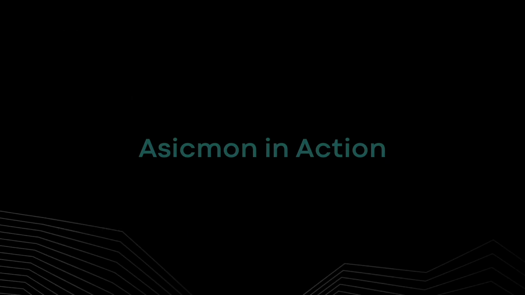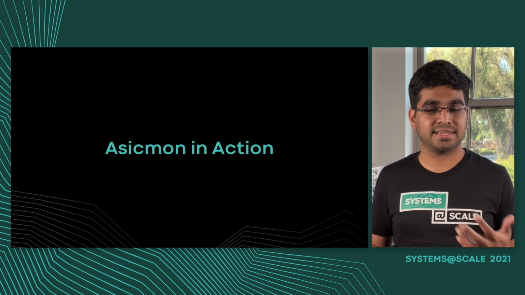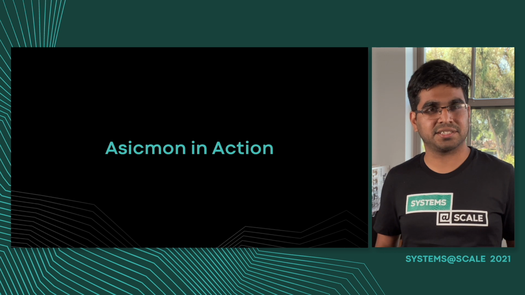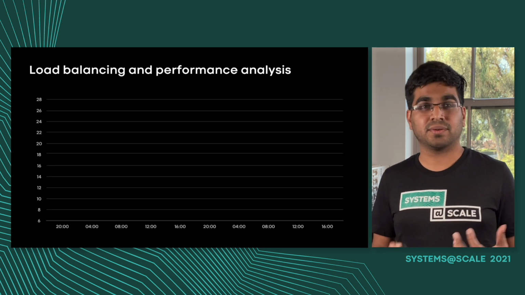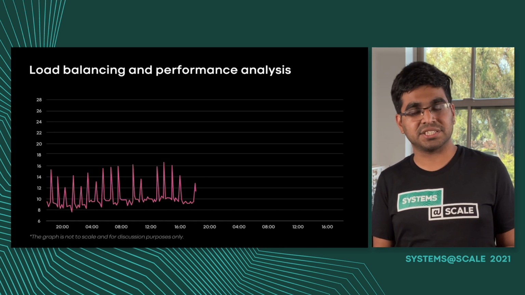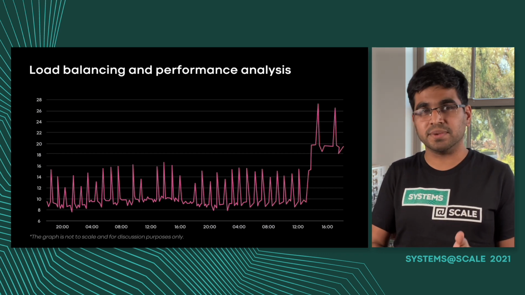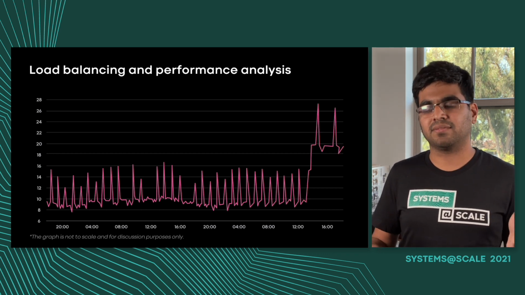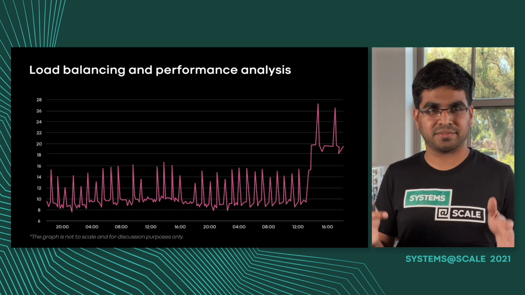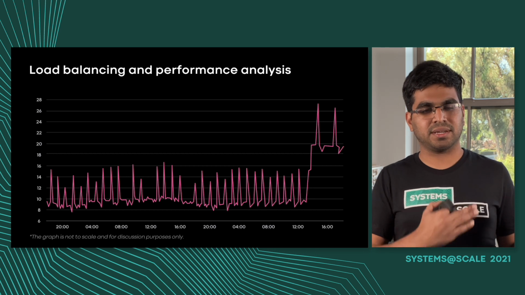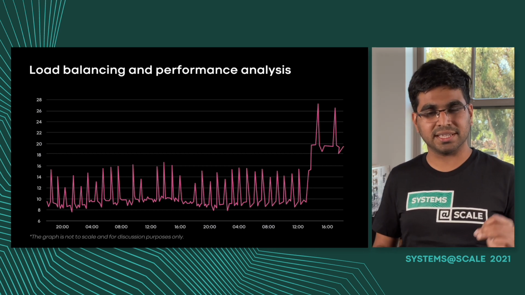I'm going to go through two quick examples of how Asicmon and Asimov have actually been used today in the Generation 1 accelerators. Remember we talked about the device utilization metric. That metric can be used to figure out how busy an accelerator is, and we can use that to scale up the number of instances of an AI model that we're running. In this chart, I'm showing the number of AI model instances.